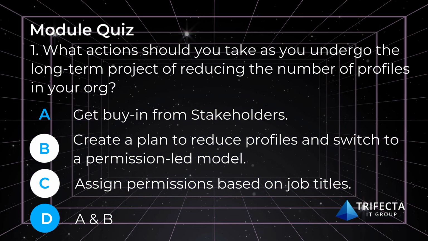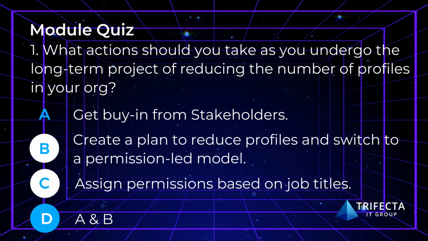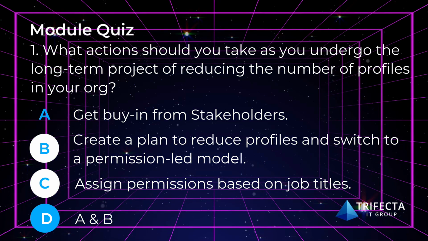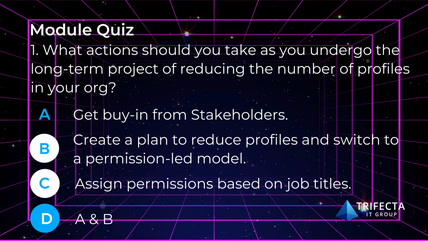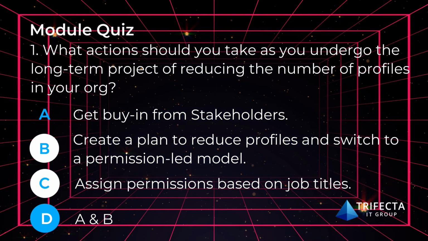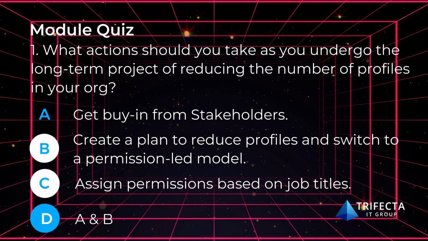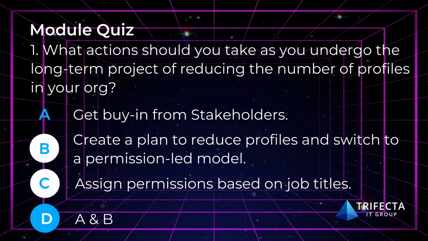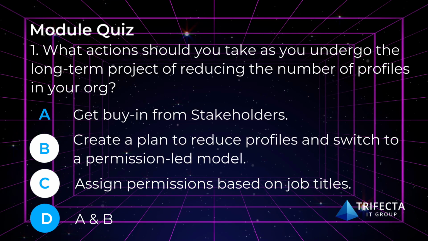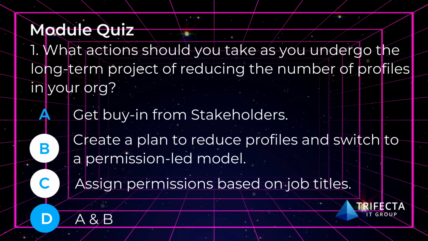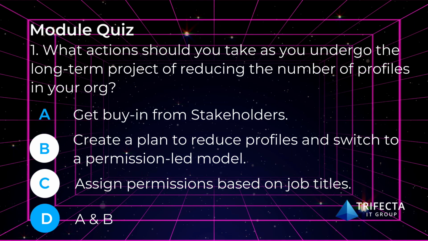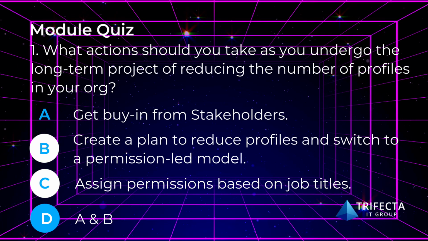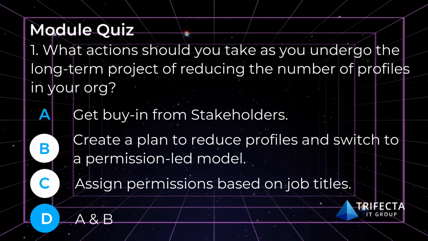You always need to get buy-in from the stakeholders, and though in my opinion assigning based on job titles makes a lot of sense, and that's what you'll probably do in the real world, a permissions-led model is essentially the same as C. A job title will have a specific permission set, a list of permissions, if you will. So it's kind of a tricky question.